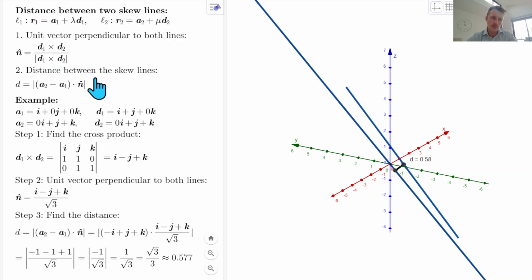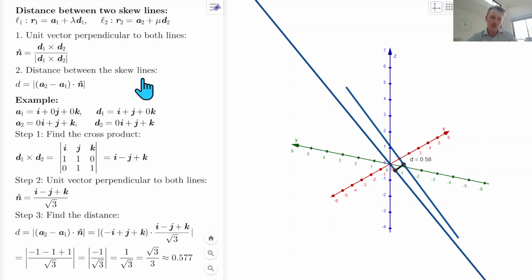And this is how we do it generally. We've got two lines, R1 and R2, or line 1 and line 2, defined by these vector equations. The unit vector perpendicular to both lines is given by this, the cross product between the two direction vectors divided by the magnitude of the cross product between those two direction vectors.